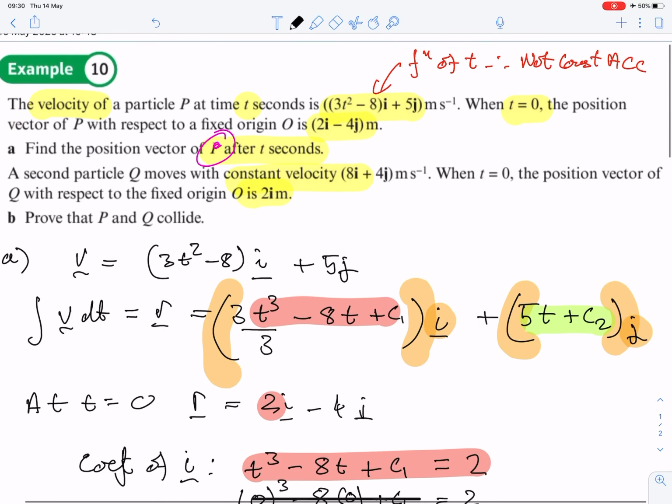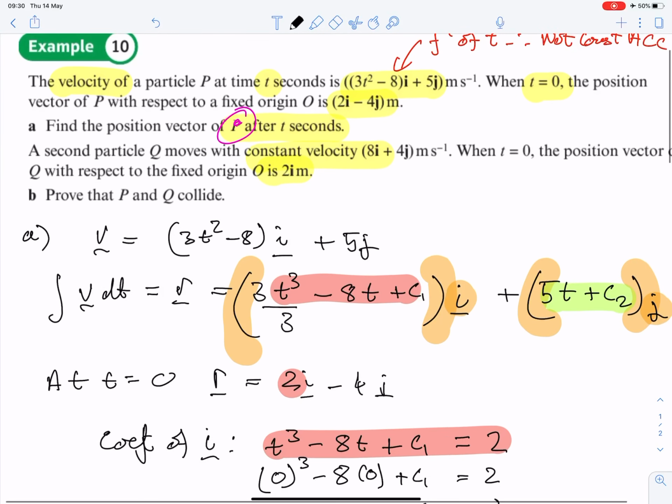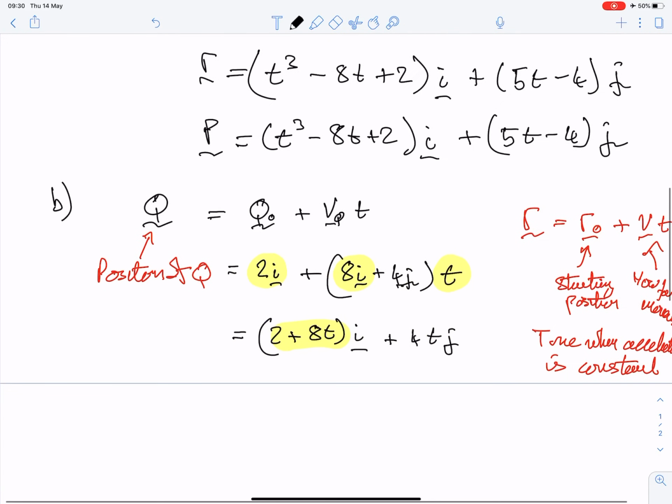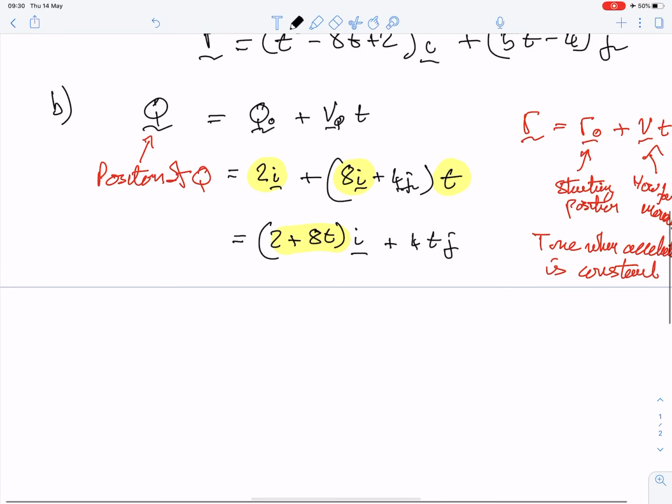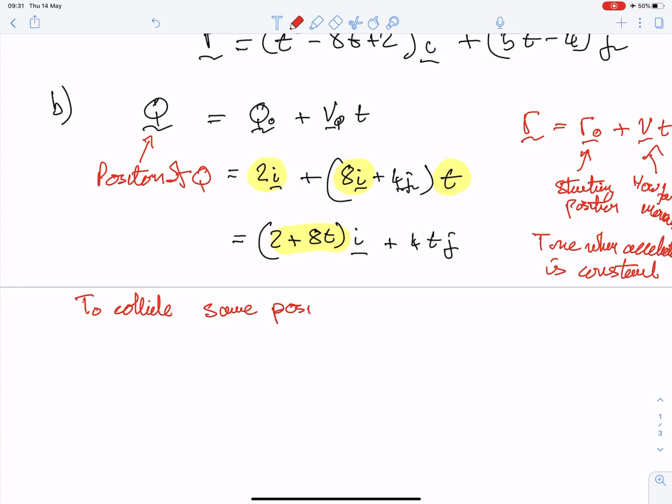Now let's read the question. Prove that P and Q collide. So for them to collide, they must have the same position at the same time.